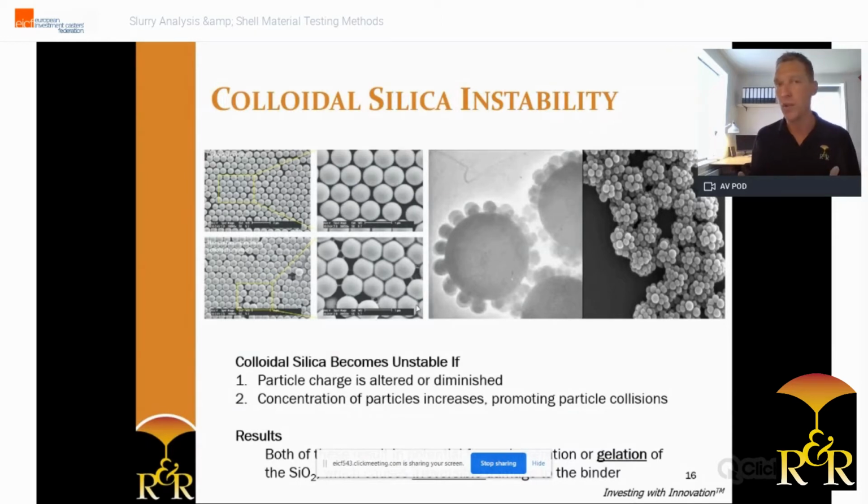Once the charges are reduced sufficiently, the silica particles will no longer repel each other. They will start to polymerize and create chains. This reduces the surface area and the number of particles available for bonding. So the larger this chain gets, the lower your bonding strength of the binder will be, and in the end, the binder will start to gel.